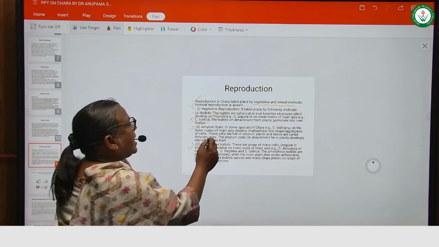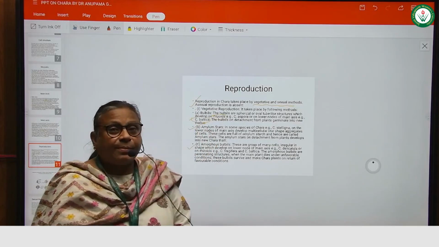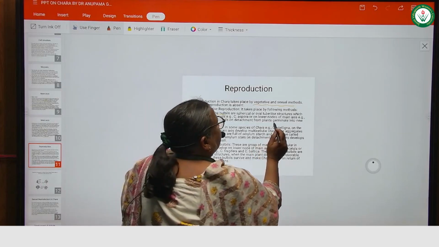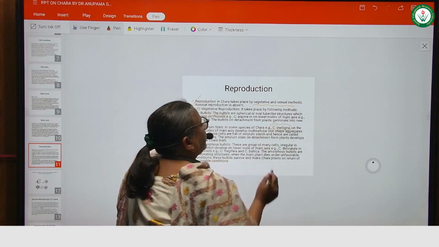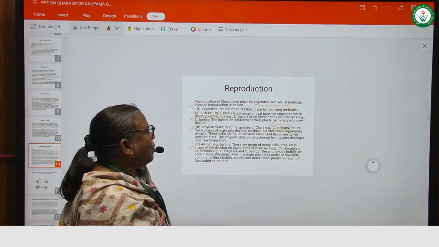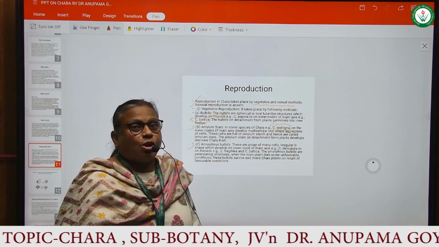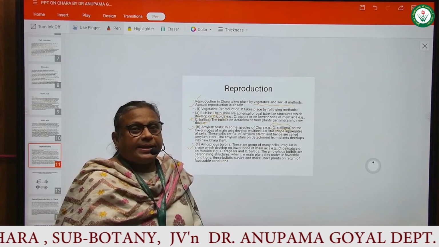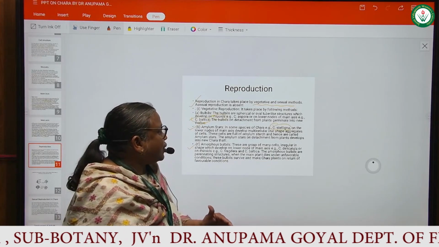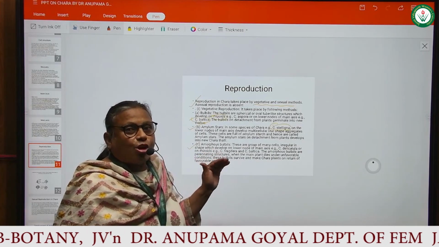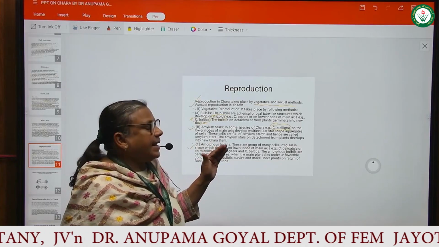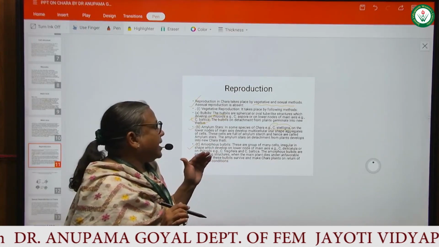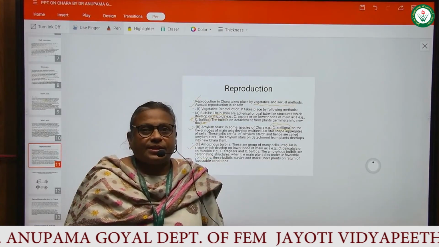Next are the amylum stars. In some species of Chara, for example Chara stelligera, on the lower nodes of the main axis develop multicellular star-shaped aggregates of cells. These cells are full of amylum starch, and so they are called amylum stars.